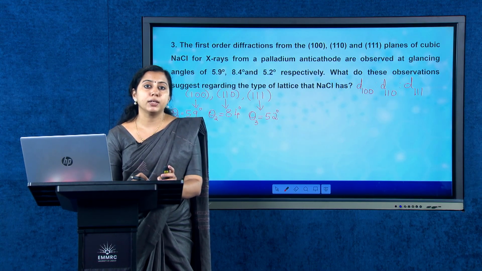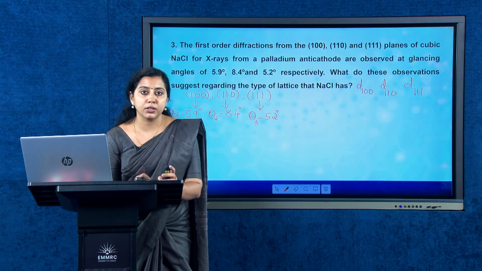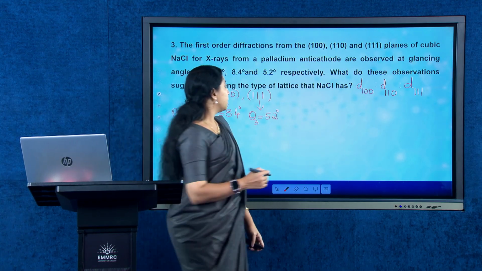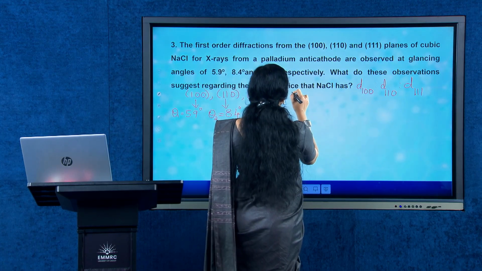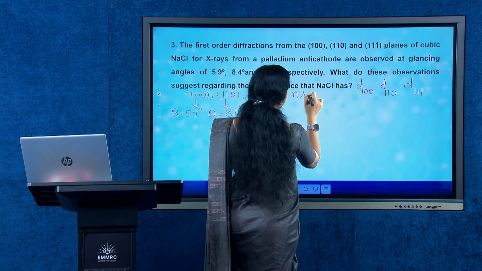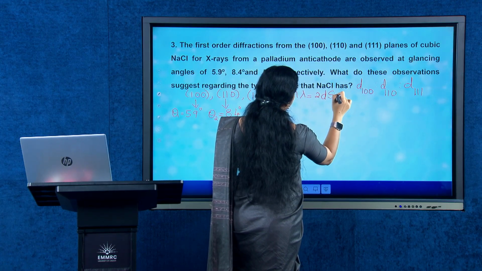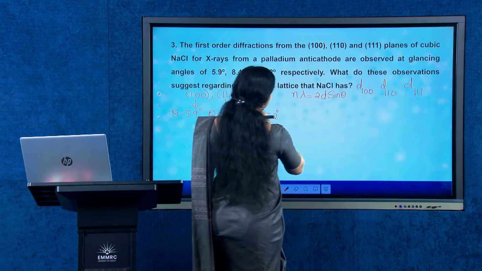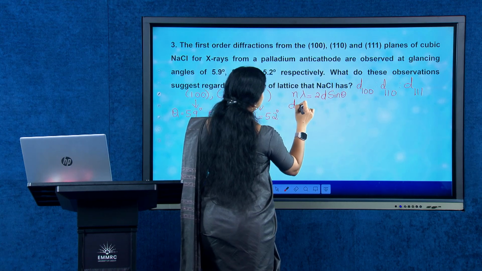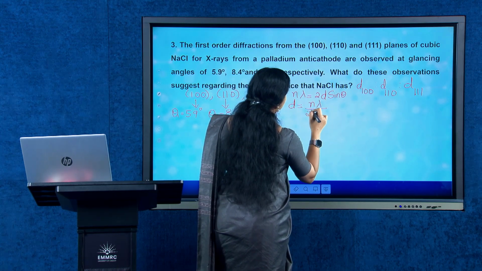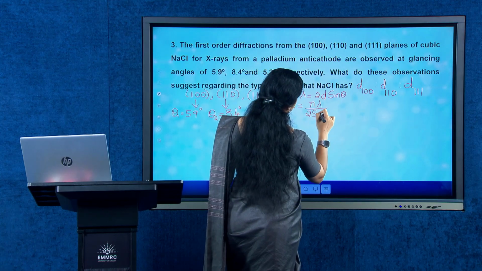We have to find out the interplanar distance ratio. Now, let us see how to find it. We have Bragg's equation, n lambda equals 2d sin theta. From this, d equals n lambda by 2 sin theta.